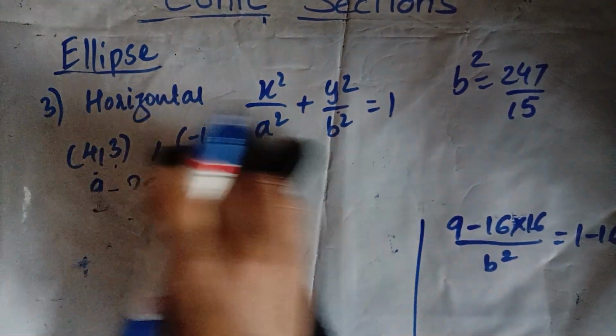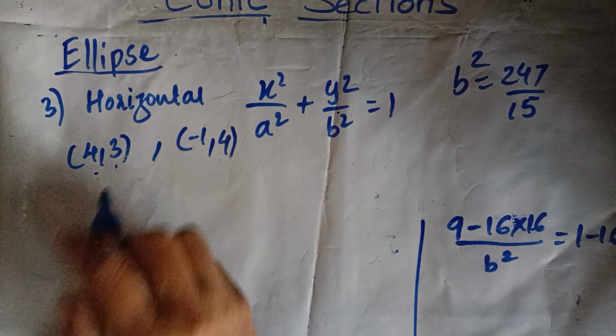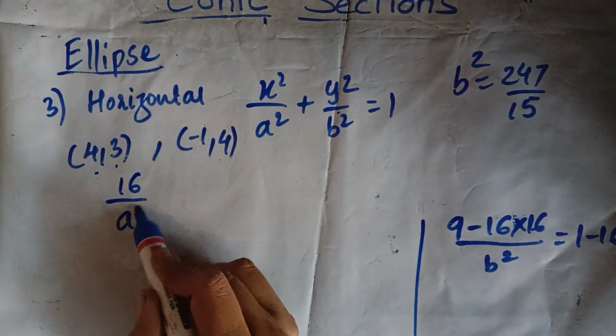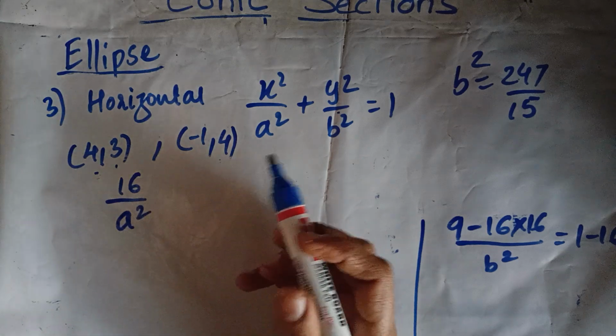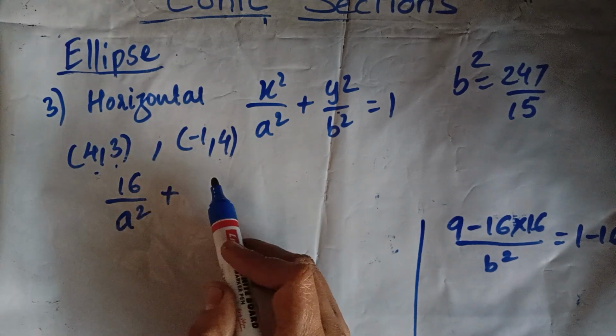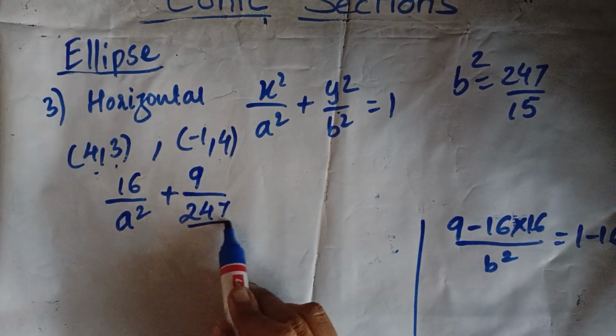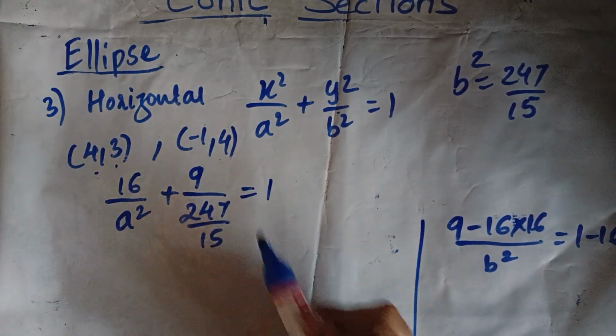What about a square? I'll put b square in the first equation, that was 16 upon a square plus 9 upon b square equal to 1, with b square as 247 upon 15.